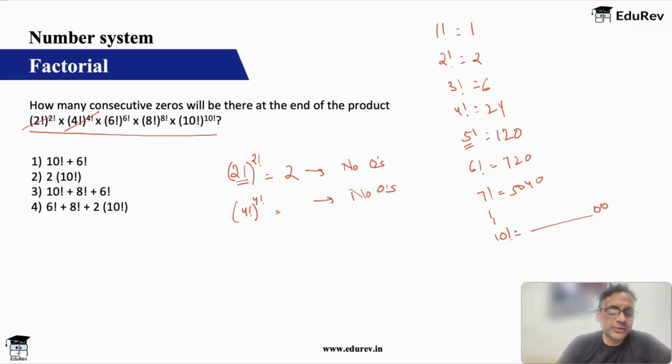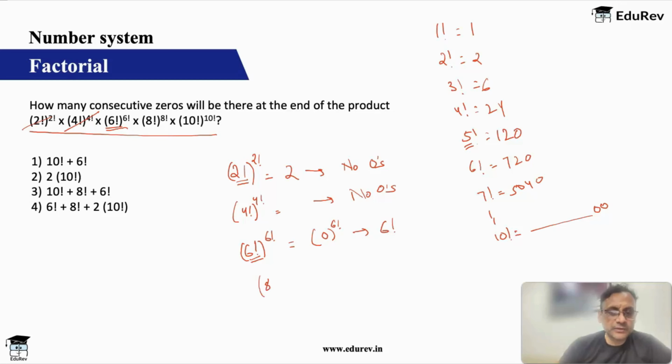So 6 factorial, okay, because it has a 5, 6 factorial will have a 0. So 6 factorial raised to the power 6 factorial. Now 6 factorial will have 1 0. So 1 0 raised to the power 6 factorial will give you 6 factorial zeros.